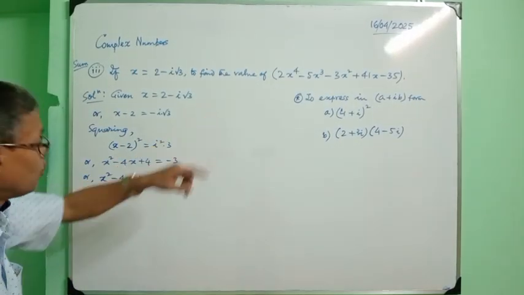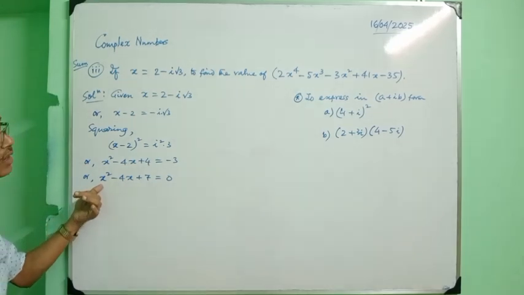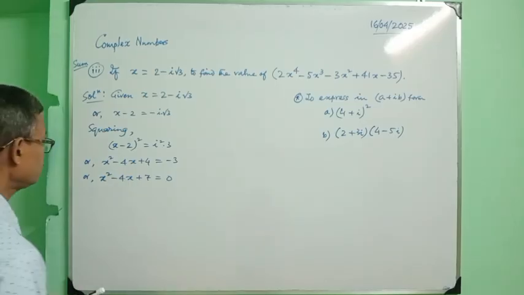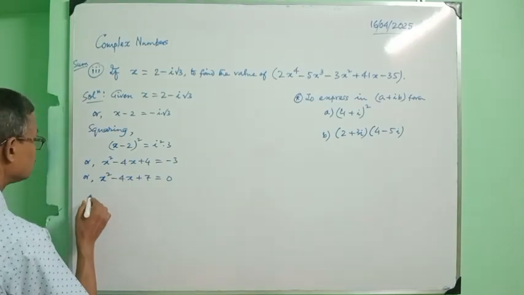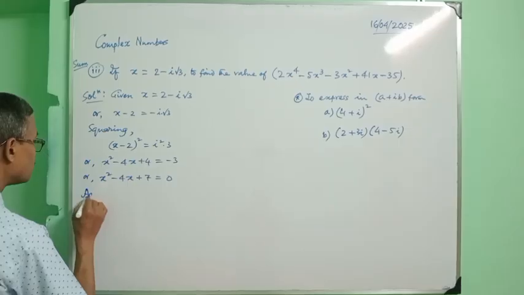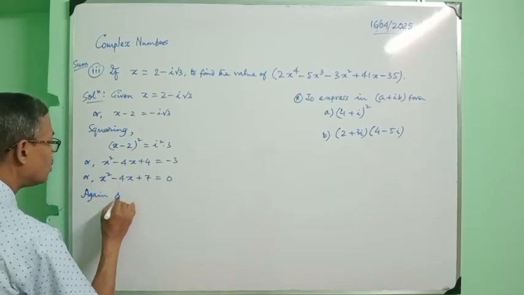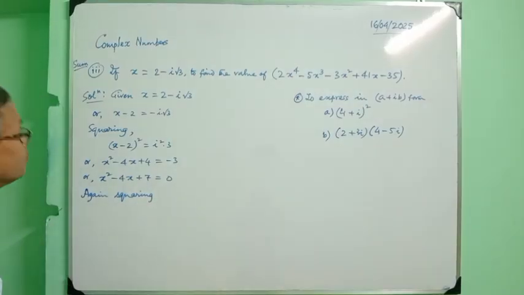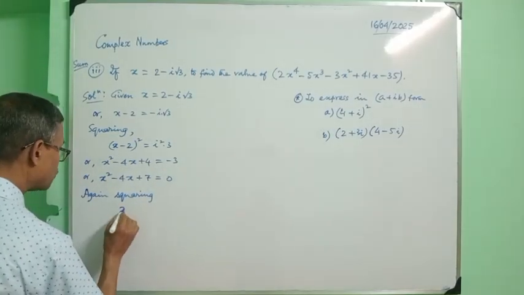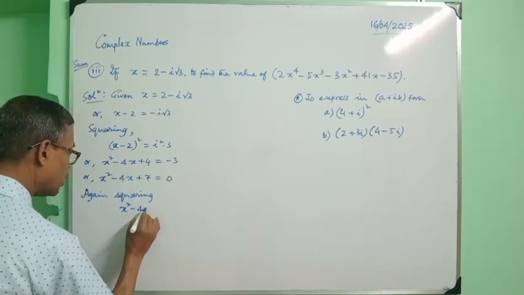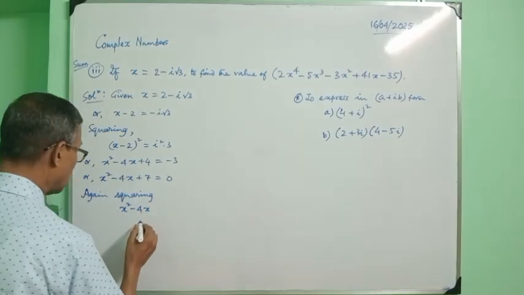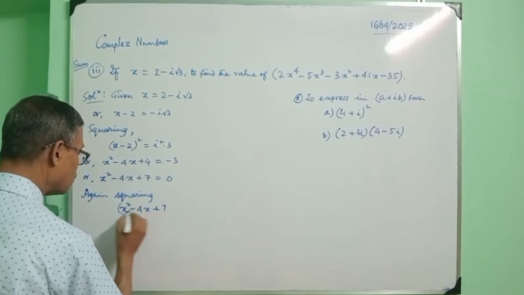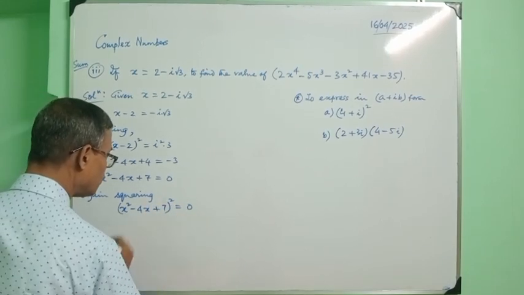To get x to the power 4, we square this x square, again squaring. x square minus 4x plus 7 whole square equal to 0.